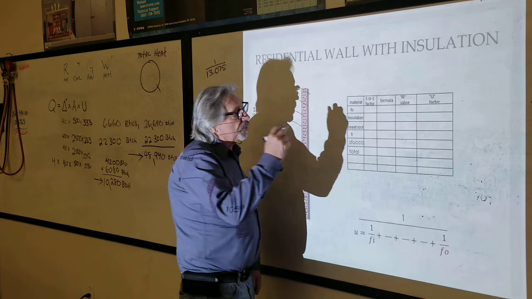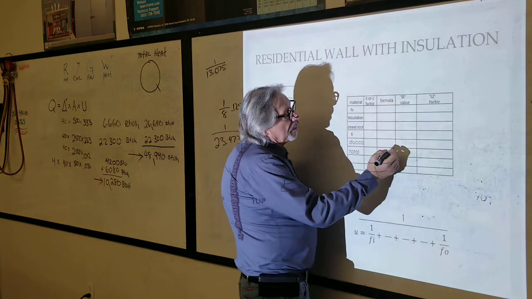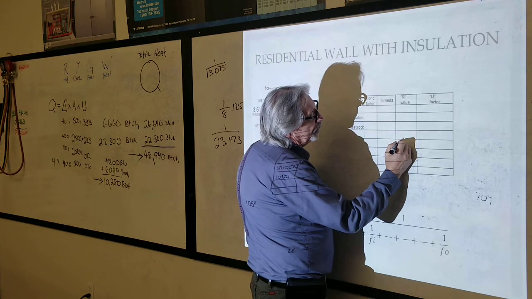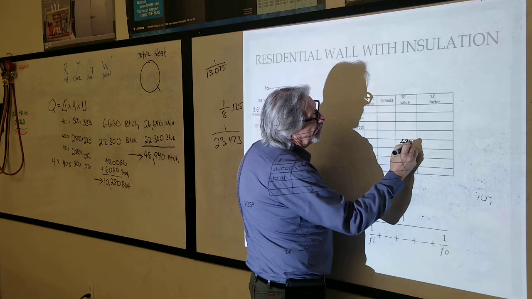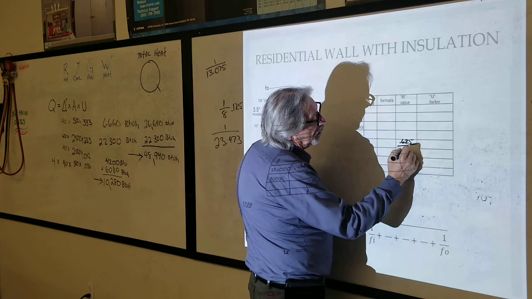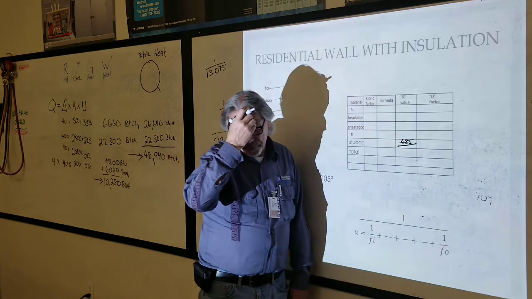So it's thickness first. Right? 0.625 divided by 5.